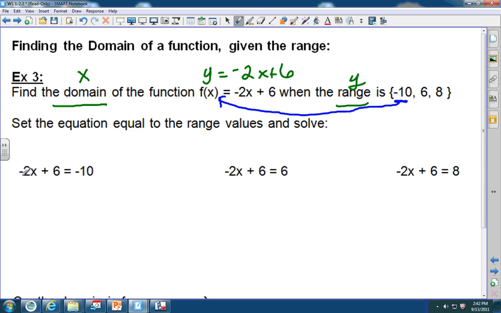That's what we're getting right here. -2x plus 6 equals -10. Then they took the same -2x plus 6 and they put the 6 in there. See, that's where this 6 comes from right here. Then they do the same thing here for the 8. They put the 8 in here because they're putting it in there for y. Solve for x on these three right here and come back and see how you do.